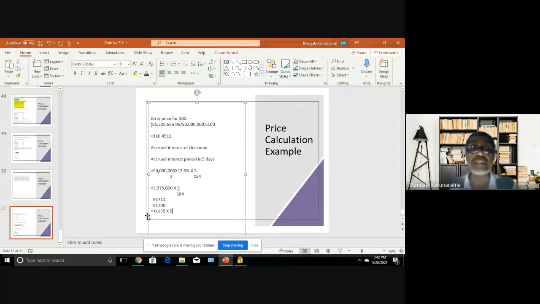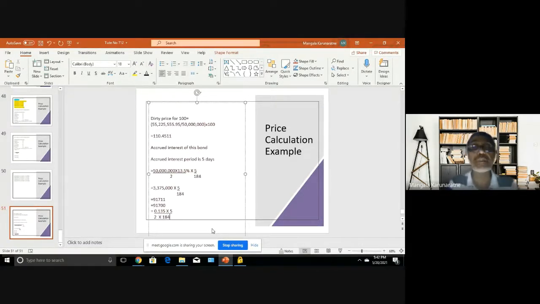Then you divide this whole thing by 2 into 184.